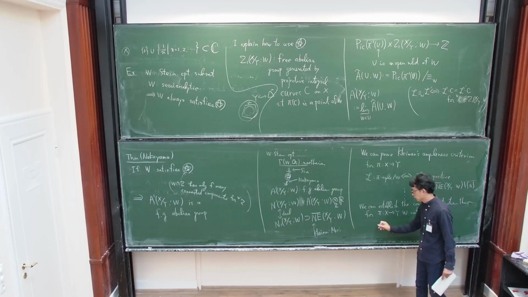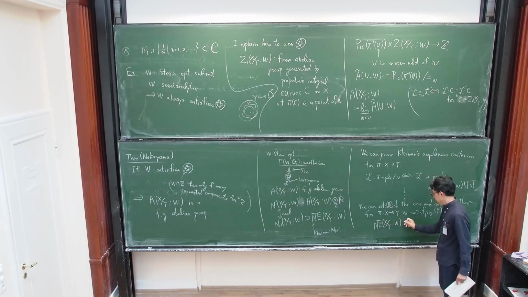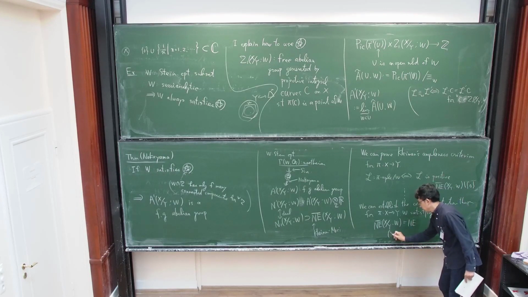This means, for the Kleiman-Mori cone, K_X plus delta is K_X for simplicity.